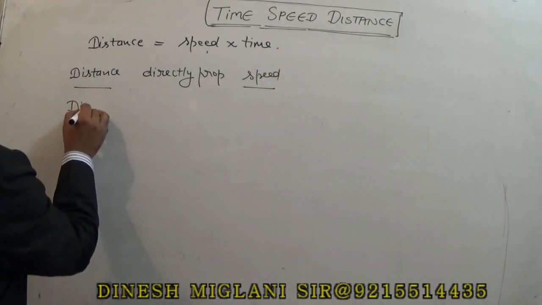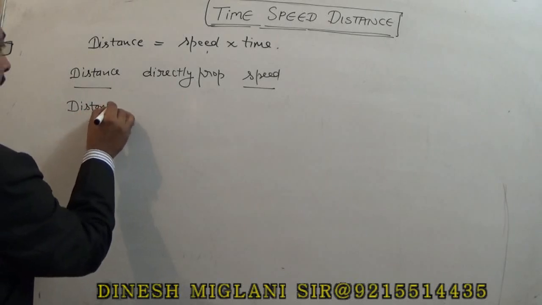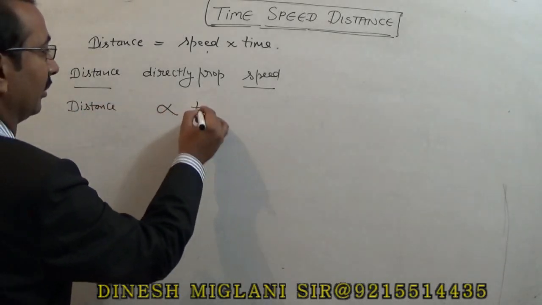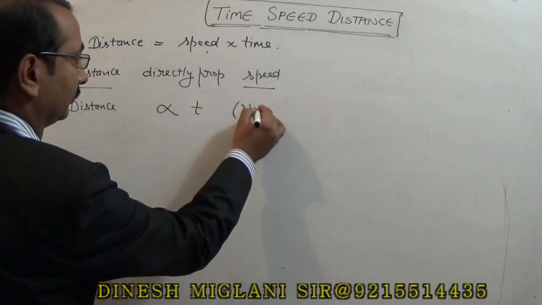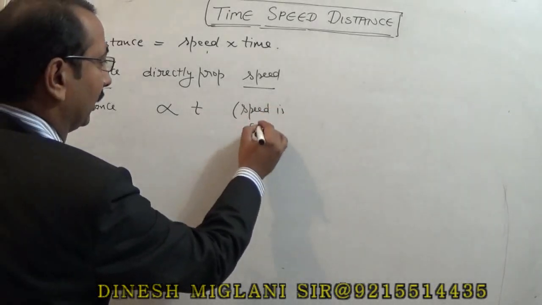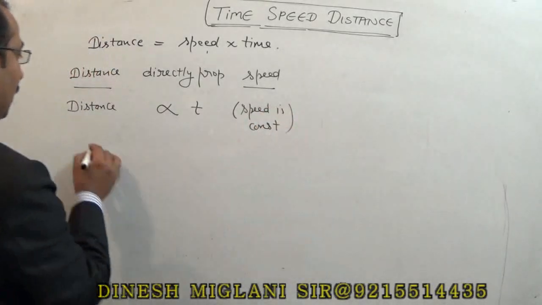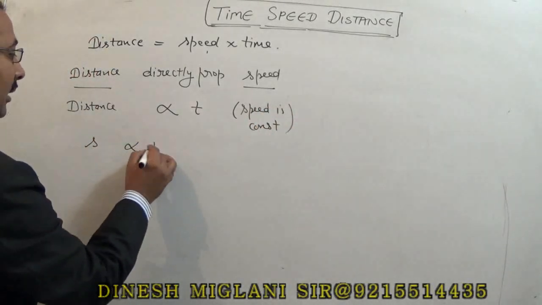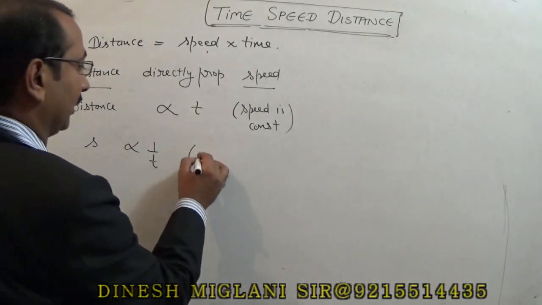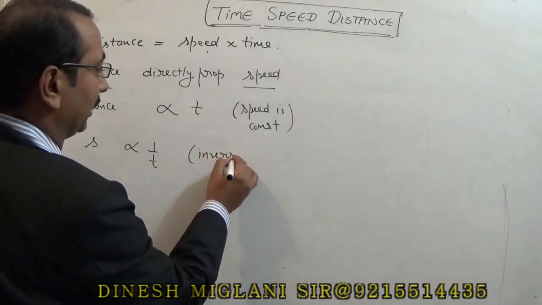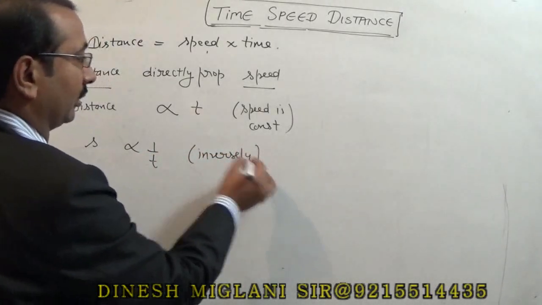Similarly, distance is directly proportional with time when speed is constant, and speed and time, they are inversely proportional. So we can say the relation between speed and time is inversely proportional.